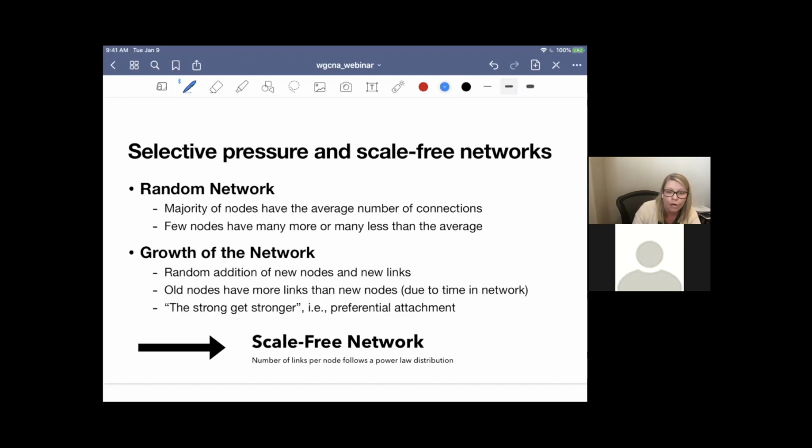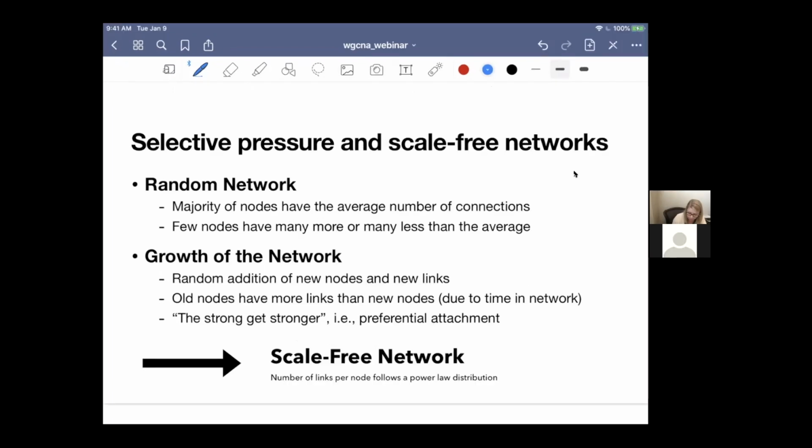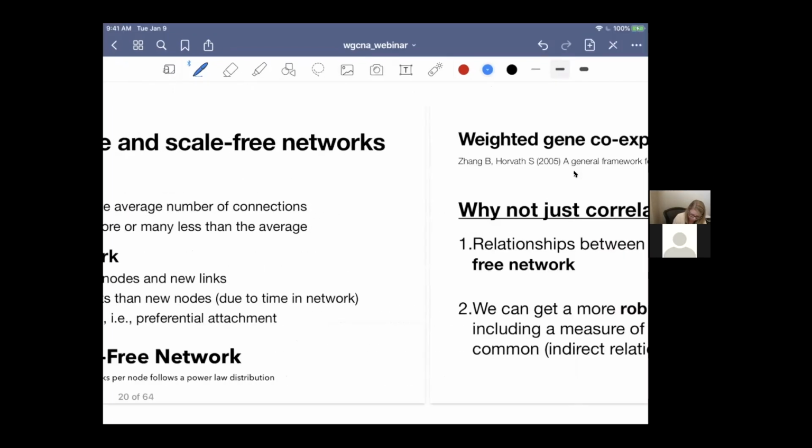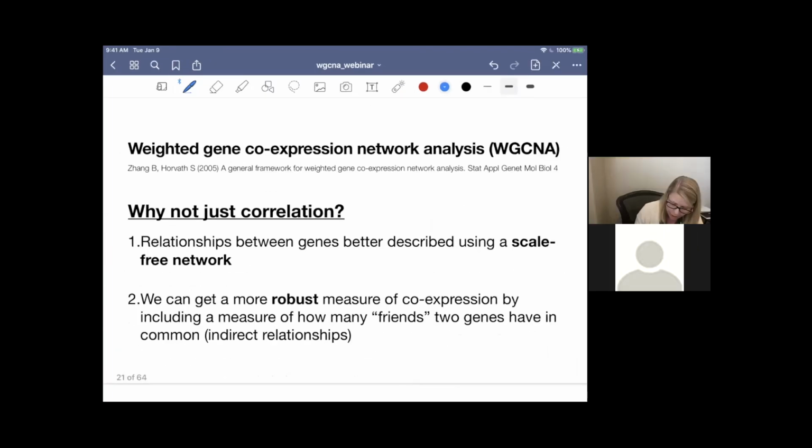They get more and more links, where the newer nodes are going to tend to have fewer links. And so we call this preferential attachment and talk about the strong getting stronger. And so hopefully I laid out good rationale for this first step of the scale-free network.